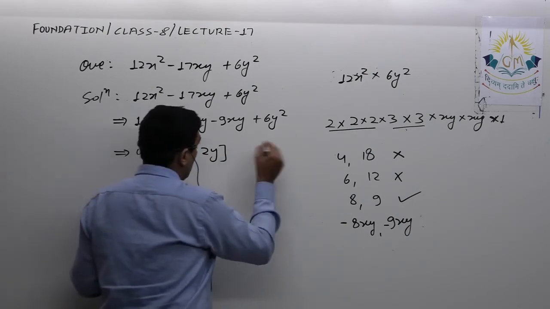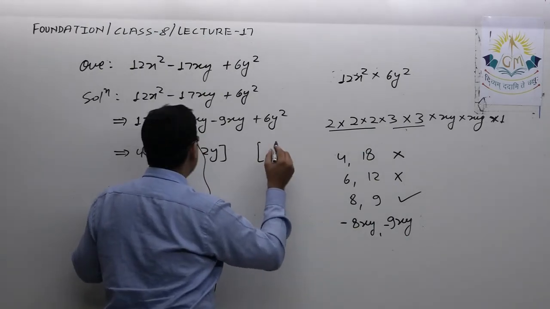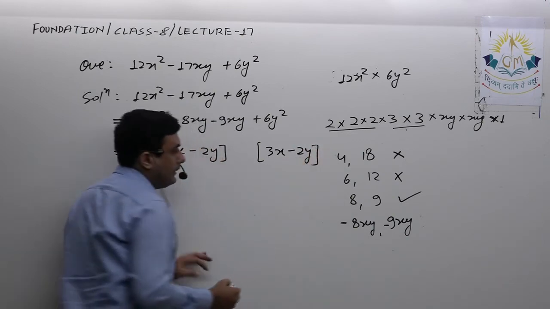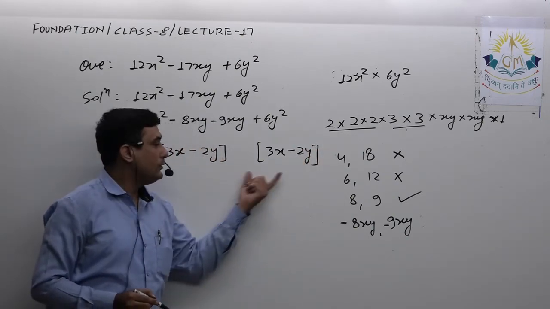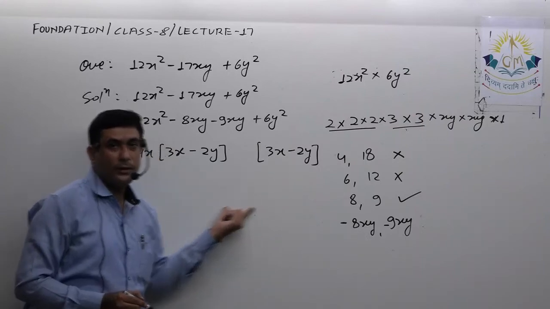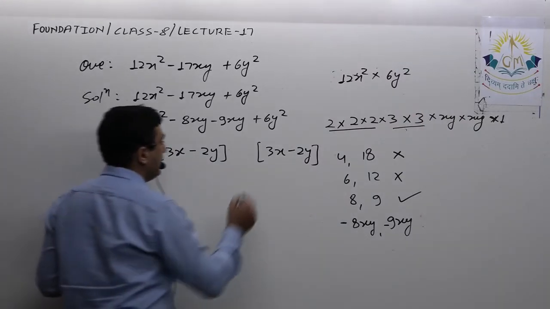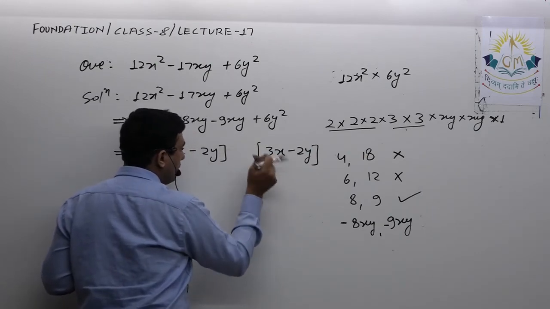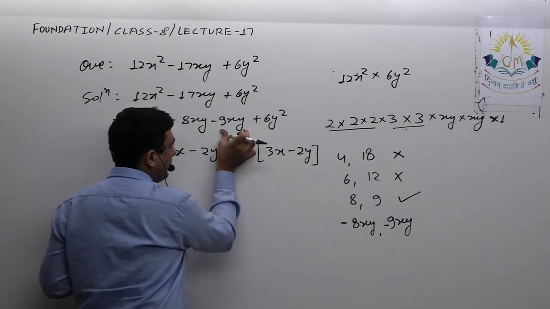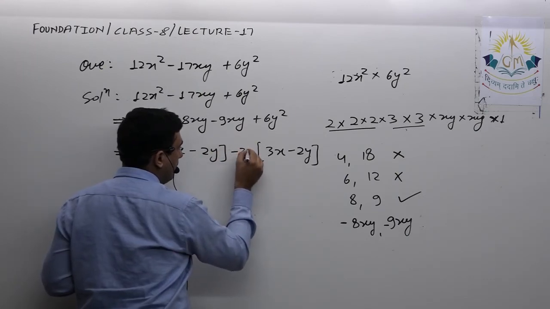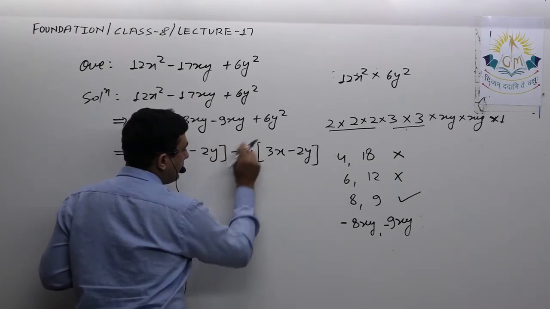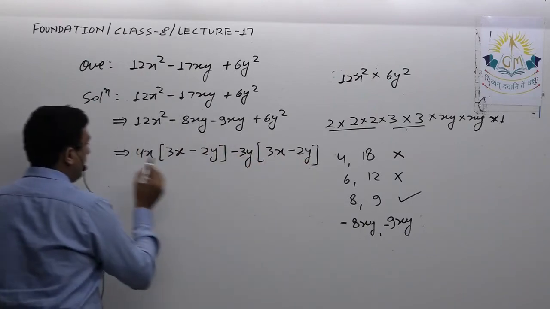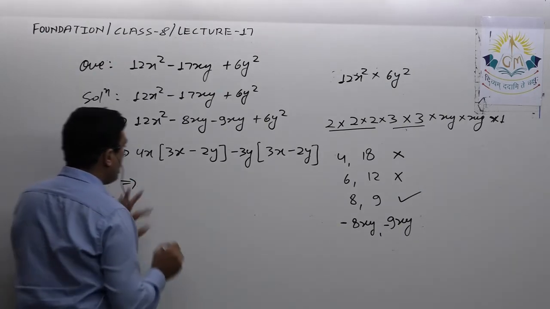Now, from these two, if you are not getting what should be taken common, first write this 3x minus y, because after taking common, you should get this so that you can factorize it further. Now, if I write 3x minus 2y, I will check what I should multiply in this 3x to get minus 9xy. So the answer is definitely minus 3y, because this gives you minus 9 as well as xy, and over here 6y square. See, this is not that difficult.